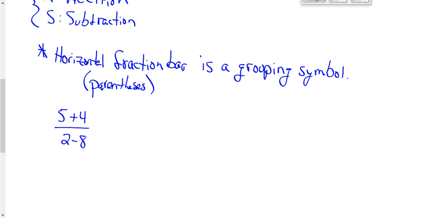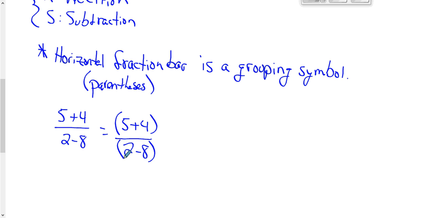So this is like the equivalent of this. And what work would you do first? The stuff in the parentheses before you divide, right? Okay? So a horizontal fraction bar, yes, it is division. It's the operation division, but it is also a grouping symbol if there's more than one term on either top or bottom. Everybody got that?